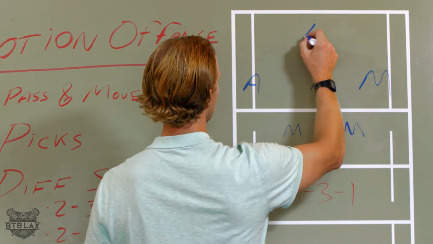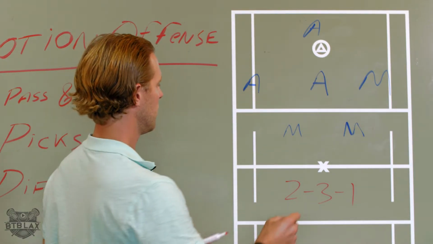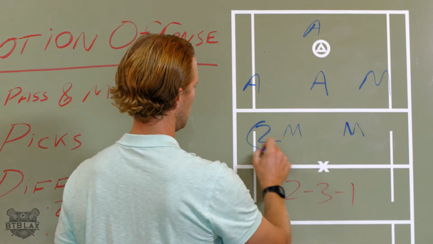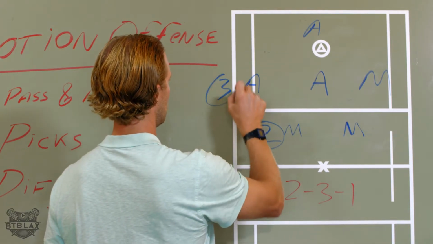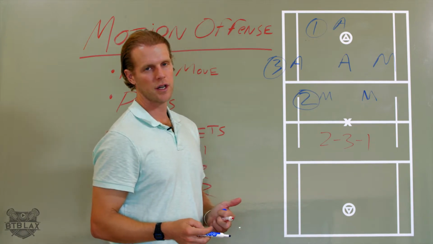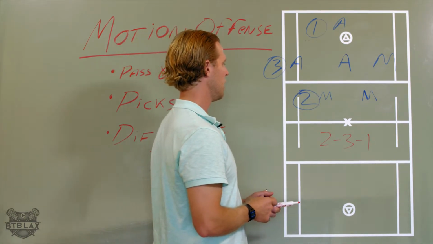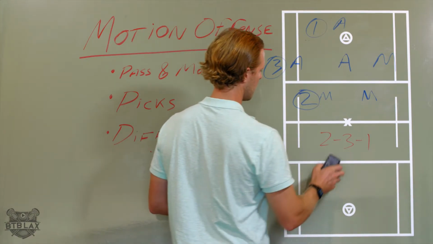You always have three attackmen and three middies, and then one attackman at X, okay? So there you have 2, 3, 1. So you're going to have a motion offense out of a 2-3-1 set, okay? And I'm going to walk through that in another video. That's a 2-3-1, all right?